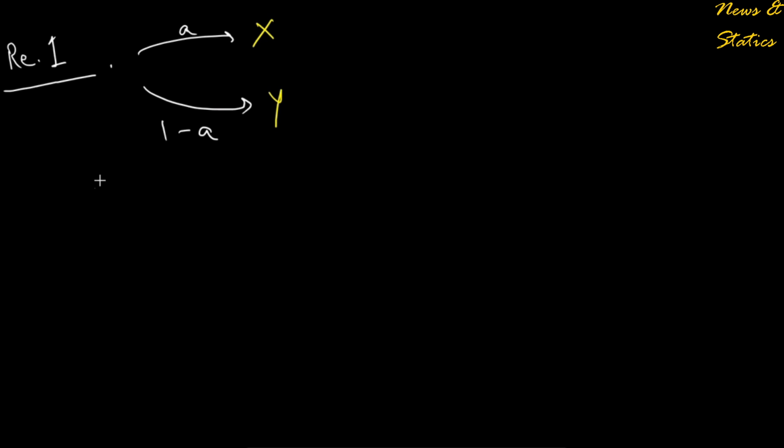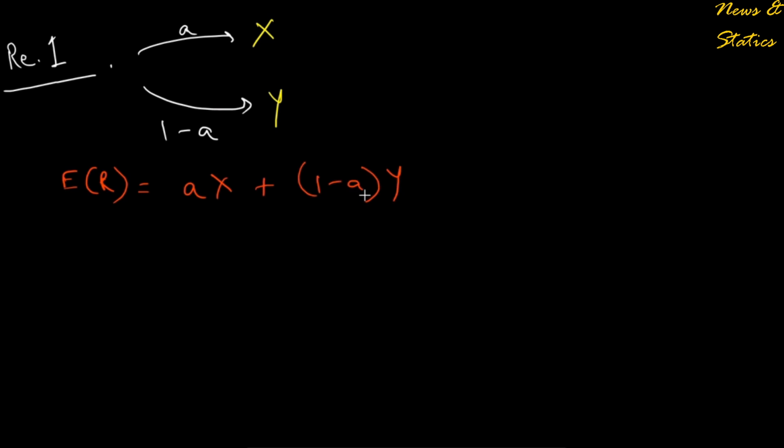So let's assume that we have 1 rupee, and we want to invest a fraction a of this rupee in an instrument which has a return of x, and we want to invest the fraction 1 minus a of this rupee in an instrument which has a return of y. So my expected value of return in such a situation will be equal to a times x plus (1 minus a) times y.